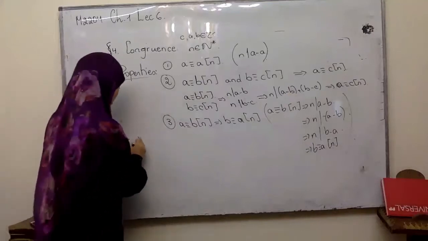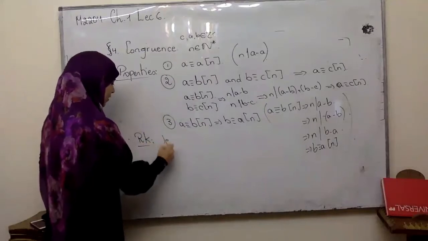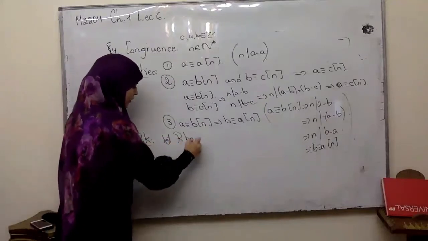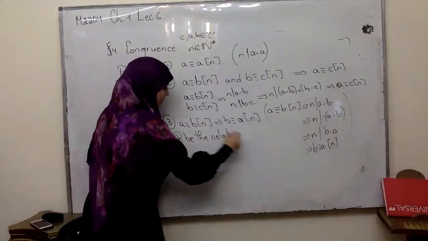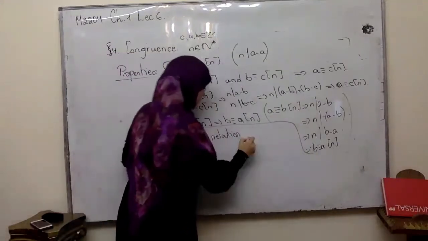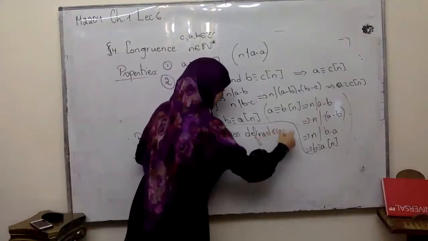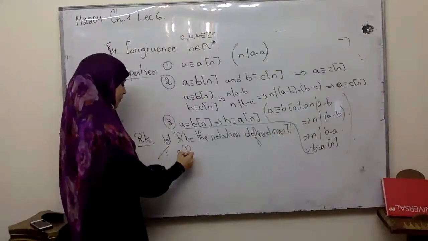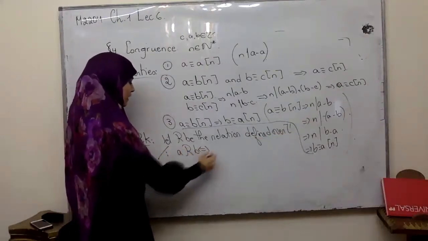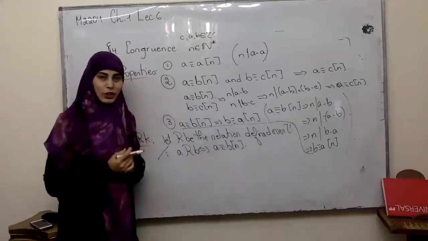Let's write this down. Remark. Let R be the relation defined over Z such that A is in relation with B if and only if A is congruent to B modulo N. Okay?